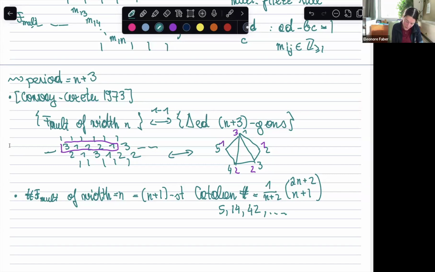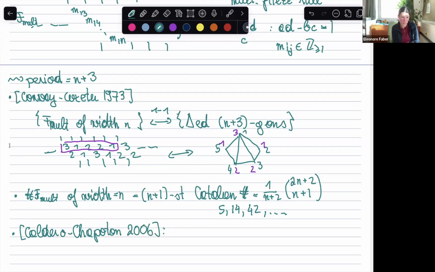So now we're still in geometry. Then you can relate these multiplicative friezes to cluster algebras, and this was due to Calderon and Chapoton in 2006.